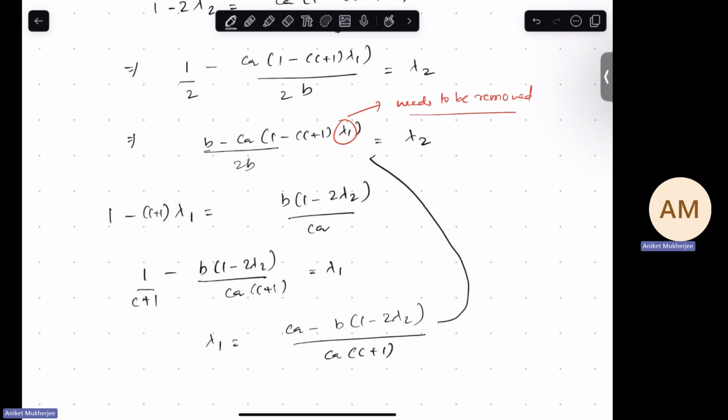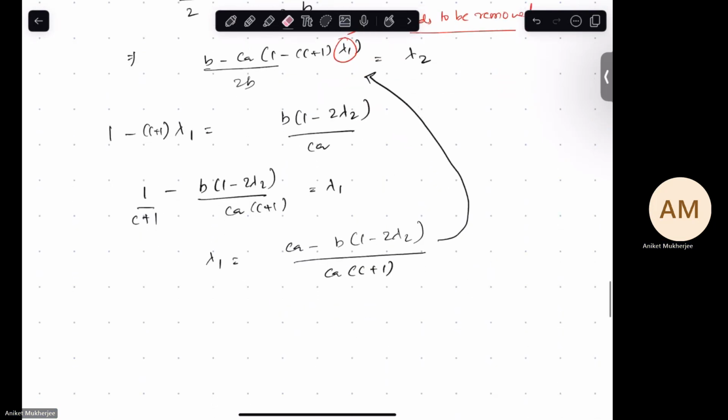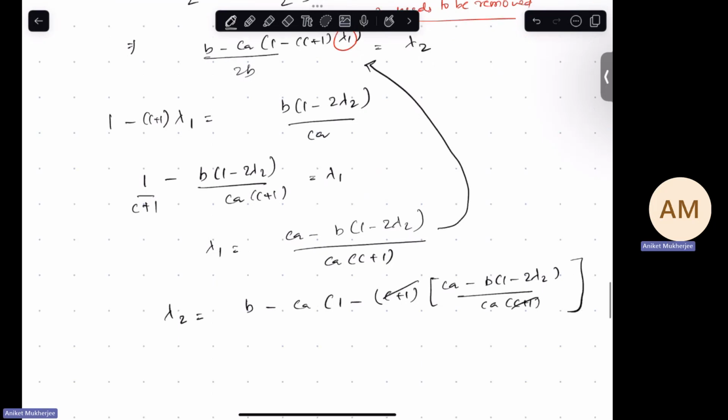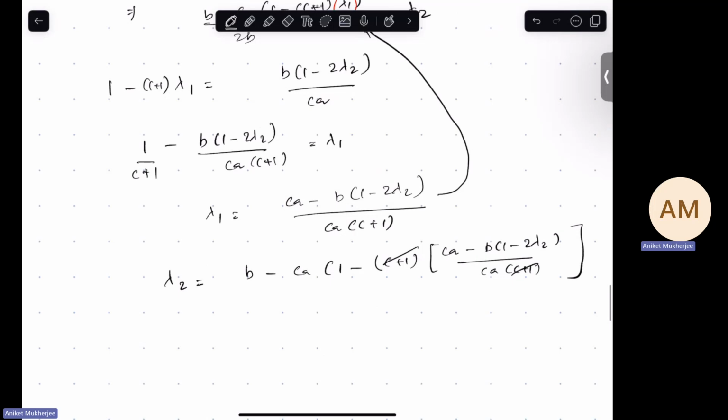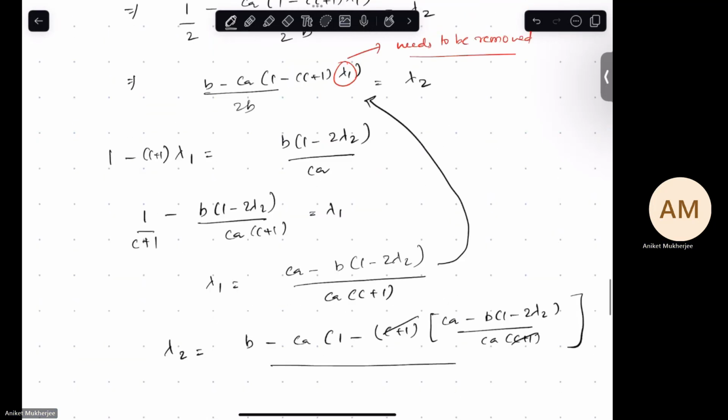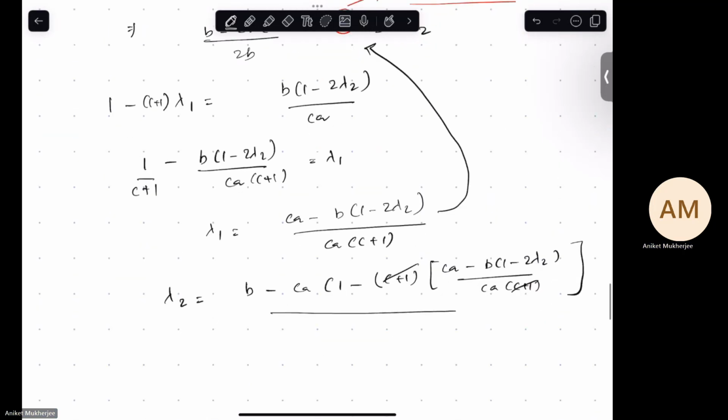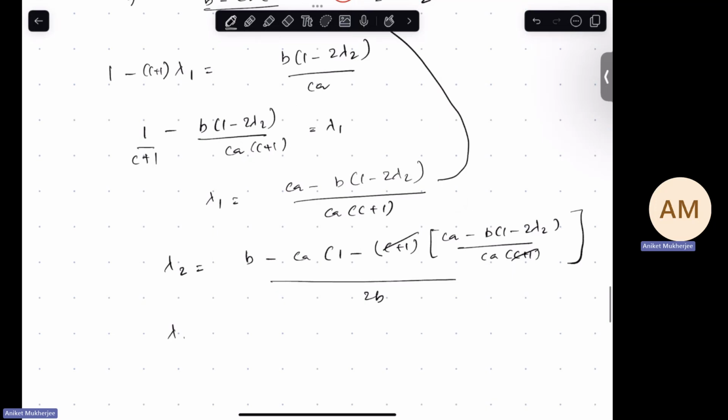If we substitute this here, we get lambda 2 is equal to B minus CA, 1 minus C plus 1 into CA minus B into 1 minus 2 lambda 2 by CA into C plus 1. C plus 1 cancels. By 2B, I'm going to take that side of it.